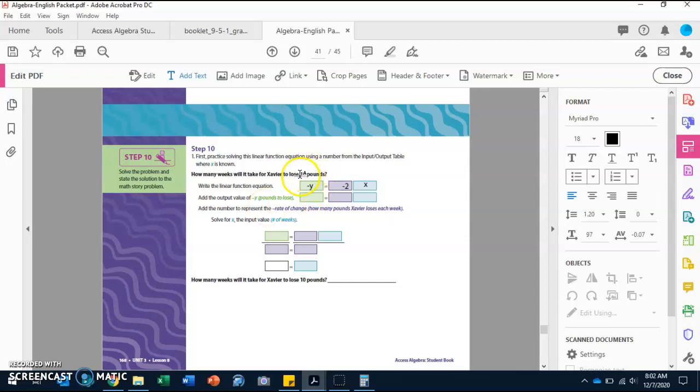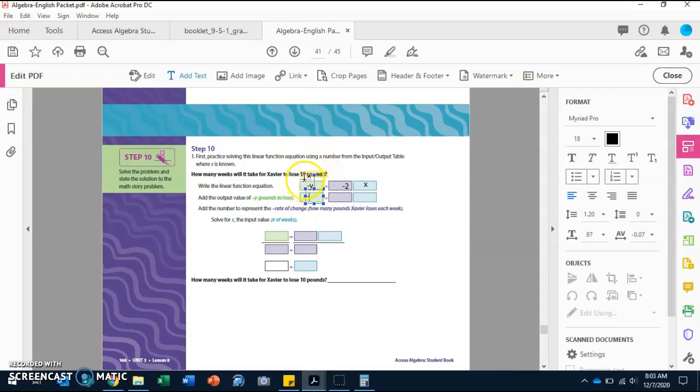So here in the question, they're asking us that he wants to lose 10 pounds. So let's highlight that. Here they want the value of y. So if he wants to lose 10 pounds, what do you think is going to go here? The 10. However, remember, the y here has a negative, so we always keep it the same.